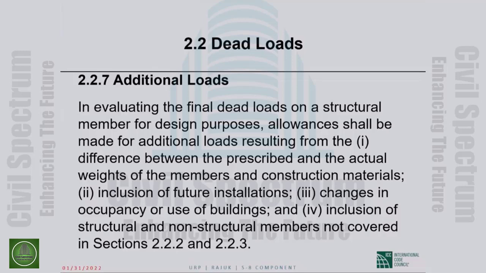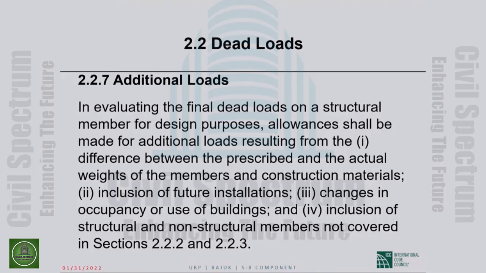In evaluating the final dead loads on a structural member for design purposes, allowances shall be made for additional loads resulting from difference between the prescribed and the actual weights of the members and construction materials.